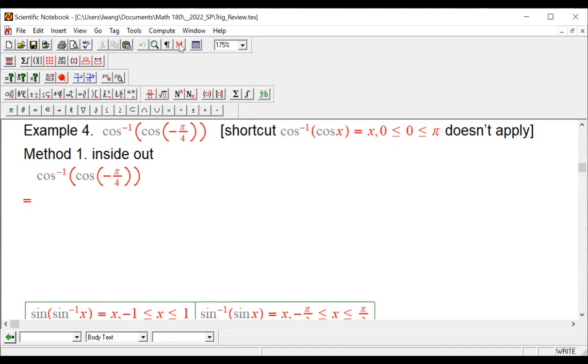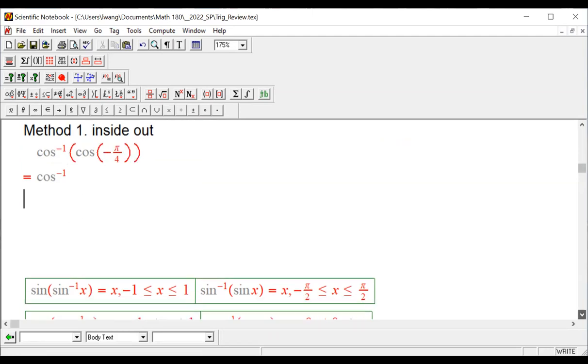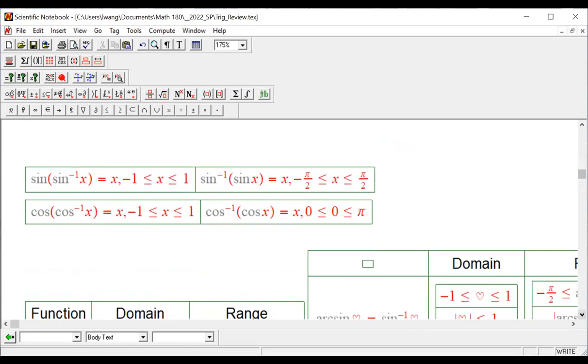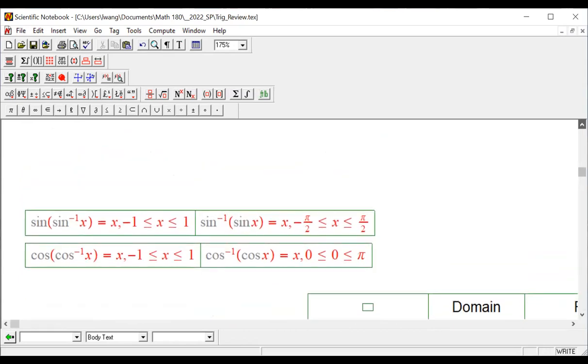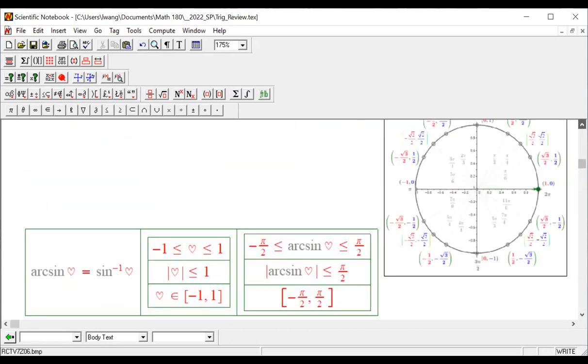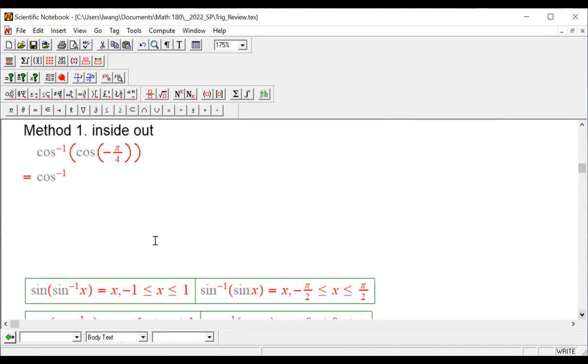The arc cosine is still waiting outside, so you work on the inside. The inside is cosine of negative pi over 4. You just measure the angle, which is going to be clockwise.